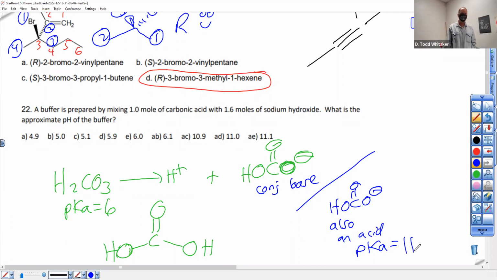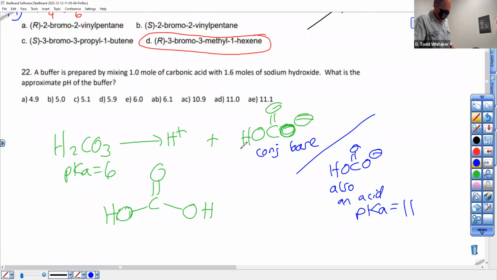Yeah, if we didn't know what the 2 pKa's of carbonic acid were, we can't start this problem. It's that simple. First pKa is for carbonic acid itself, and the second acid is 11. We just got to figure out which of those is the acid when we're done in this question. One or the other. So we got H2CO3, 1 mole. I'm not doing ICE problems if I don't have to.